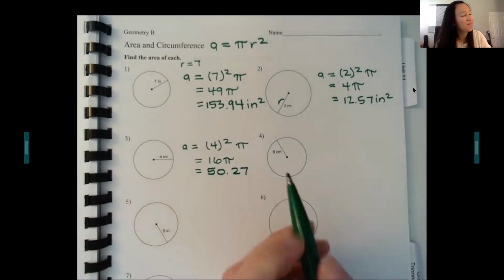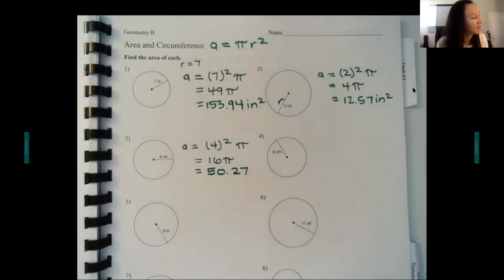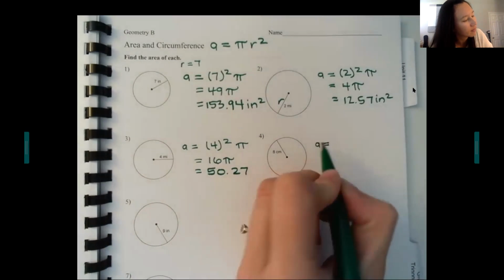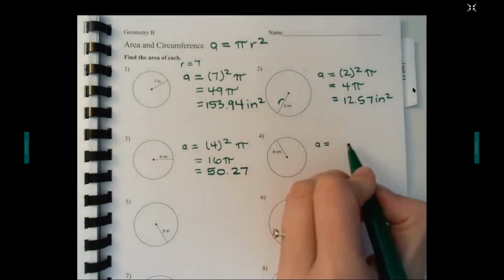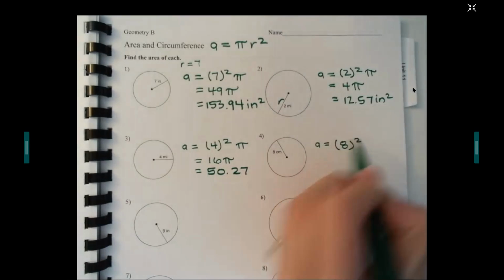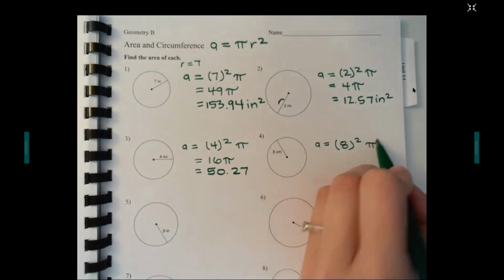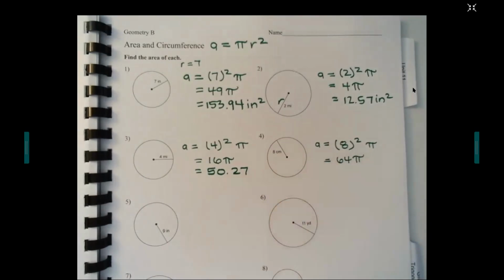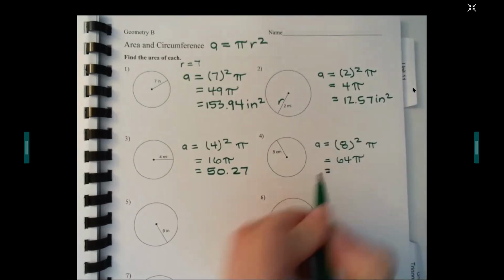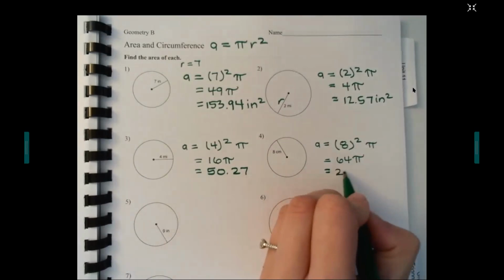Thank you, Jaden. Number 4, Jade. So first I did 8 equals 8 squared, and then pi. Good. And then 64 pi, and then I got 201.